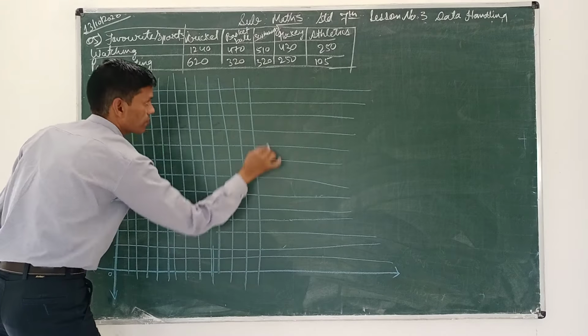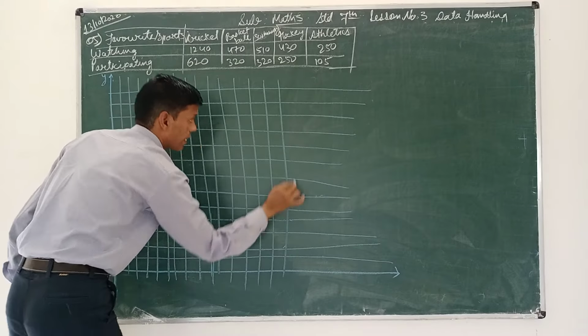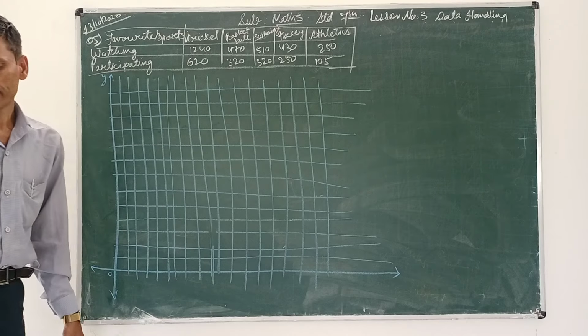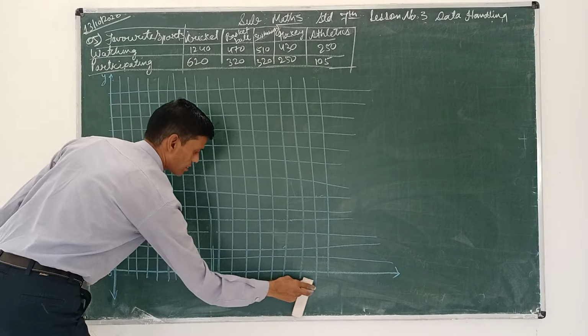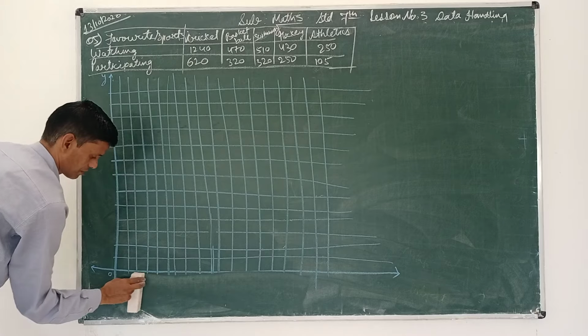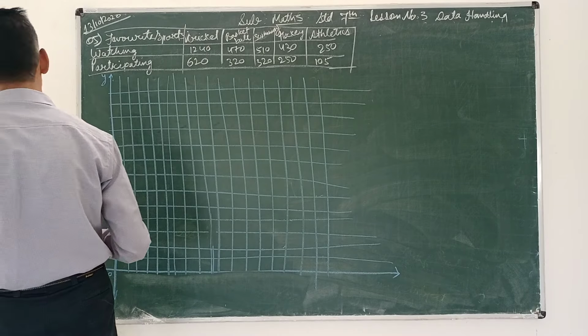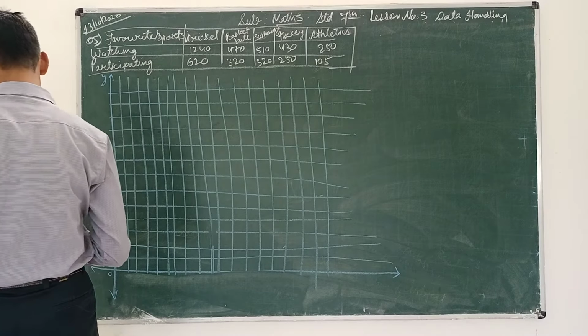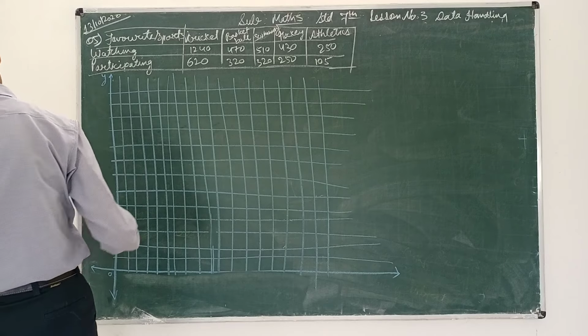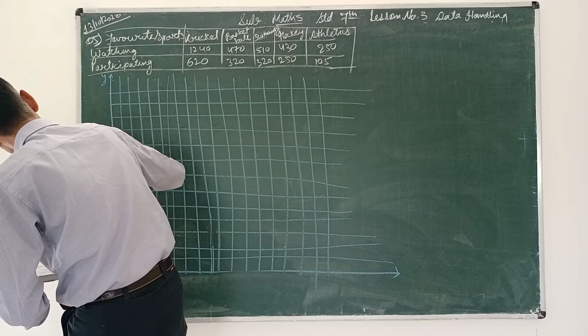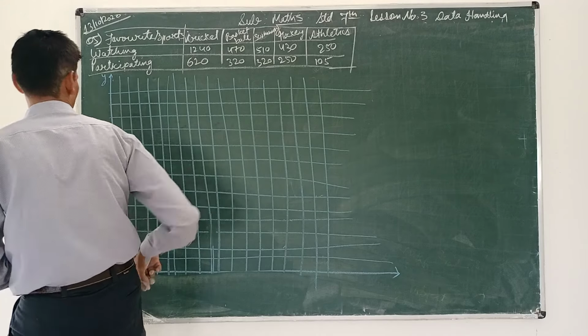There are two types of graph. One is 5-line graph and second is 10-line graph. You have to use 5-line graph. 10-line graph you will be using in higher class. Okay. If you see this now, number of people.